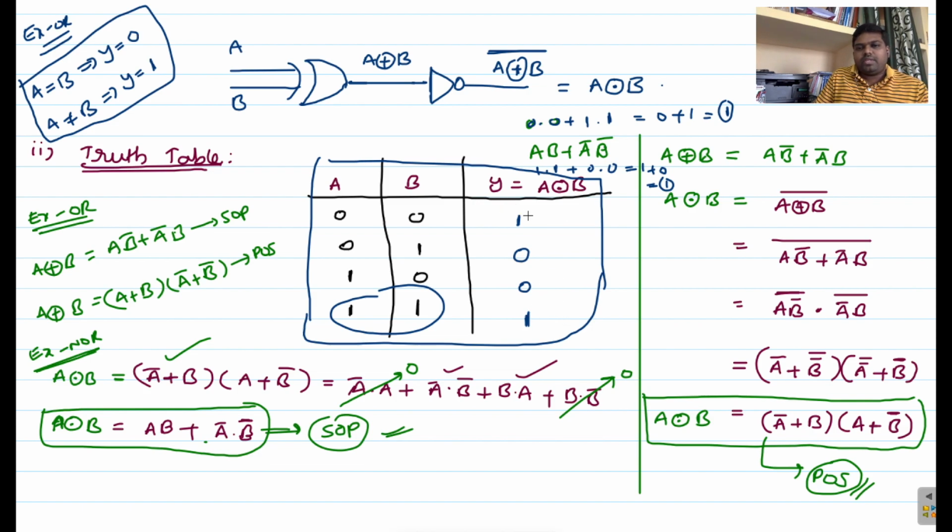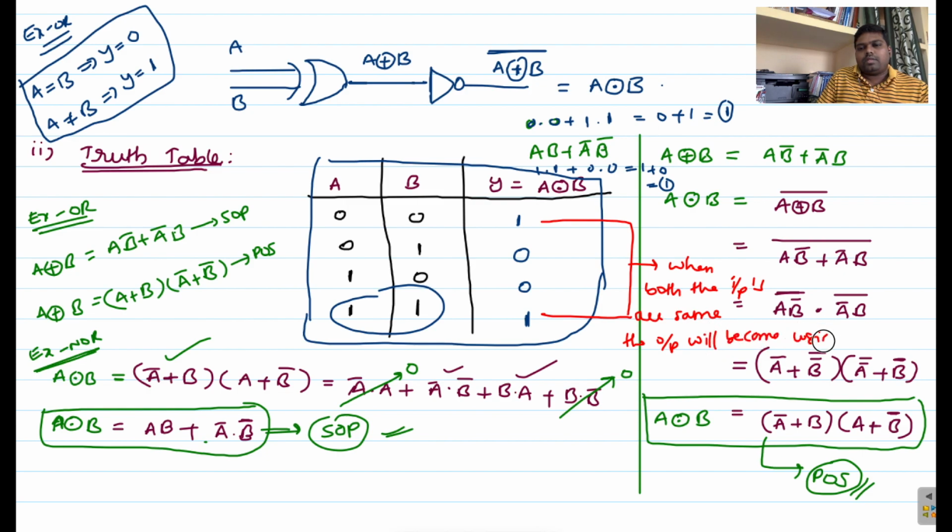So from these two conditions, when both the inputs are the same, the output will become logic 1.